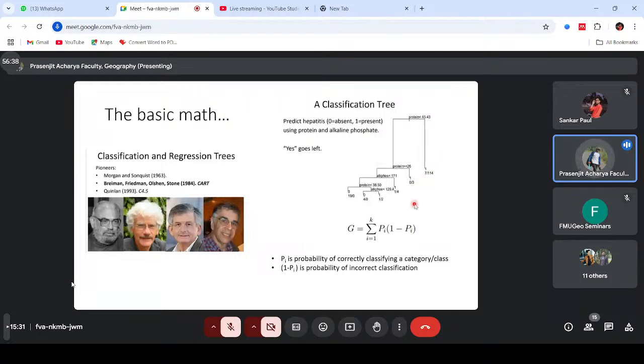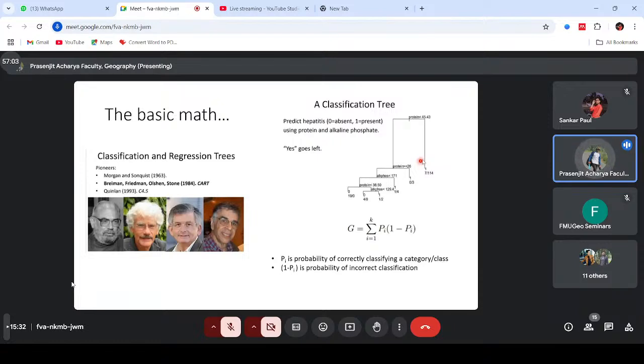So the present and absent. So this node is actually capturing the Gini impurity through this process. If I picked up less than 45.43 as a threshold, it gives you a Gini impurity at descent, where pi is the probability of correctly classifying the category, and 1 minus pi is the probability of incorrect classifications.